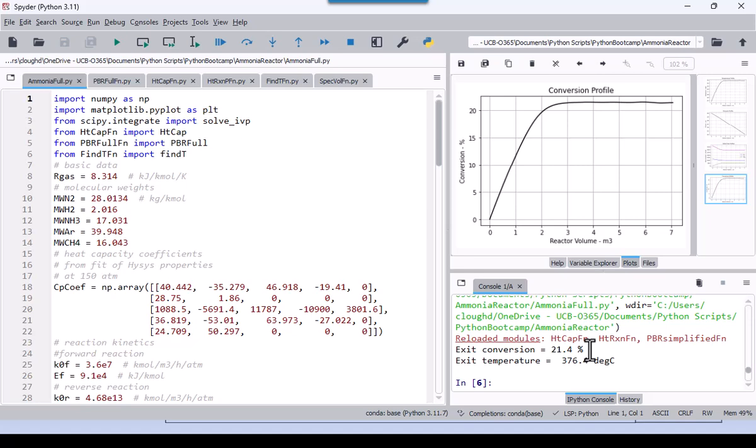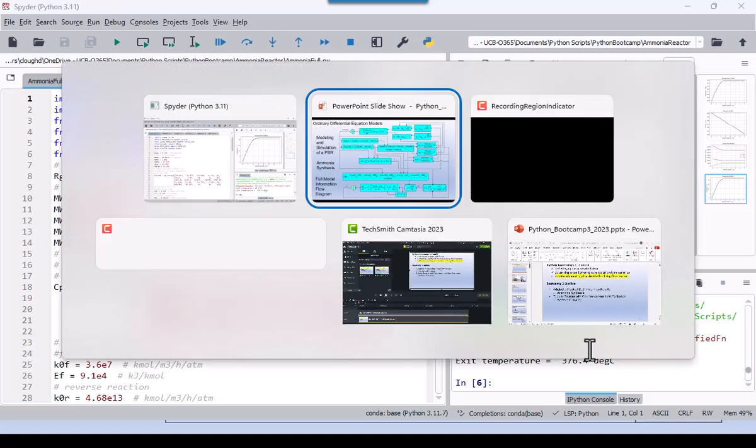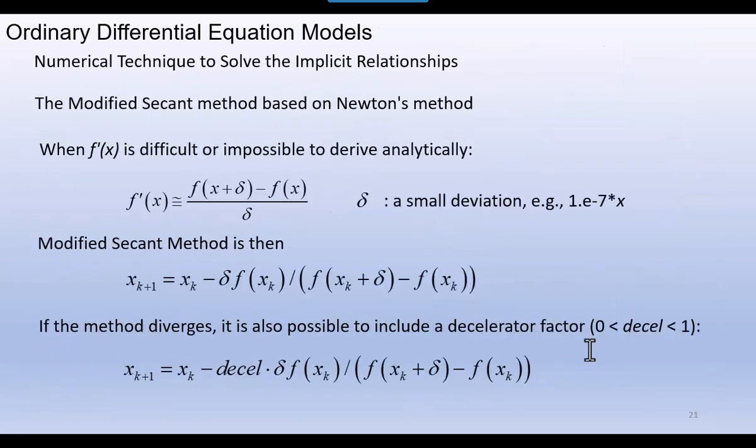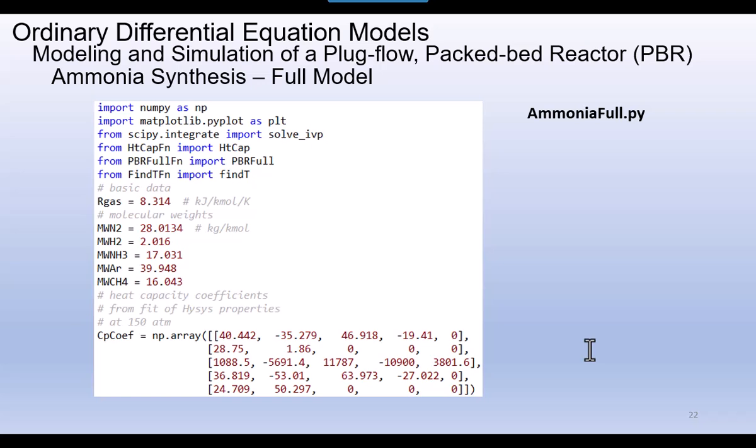So let's come back over to the slides, and we already went through these 2 slides. And then we have our ammonia full model that we looked at. One of the things you'll notice in many cases is that when we put in a quantity, we put in a comment on the same line saying what the units are.